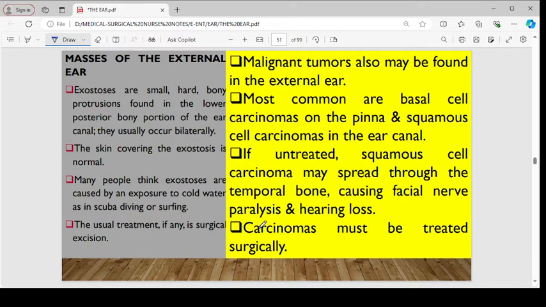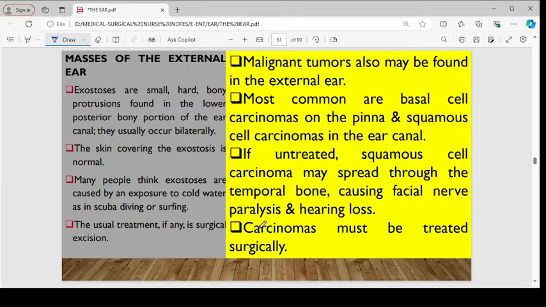Lastly, we have the masses of the external ear as the fifth disorder of the external ear, where we have exostoses, which are small hard bone protrusions in the lower portion of the bony portion of the ear canal, and they usually occur bilaterally. The skin covering exostoses is normal.